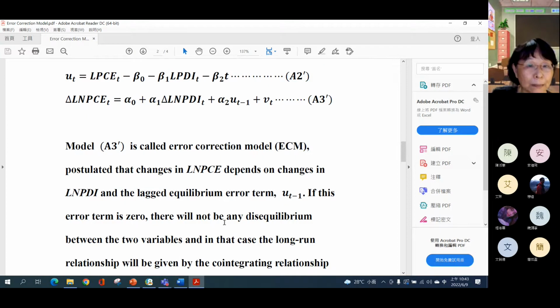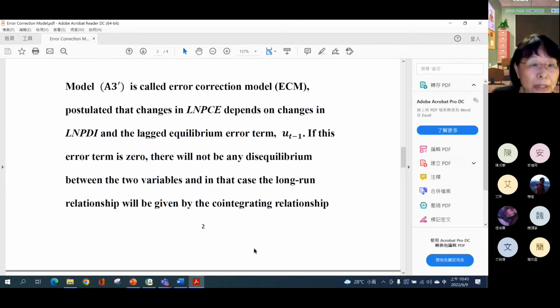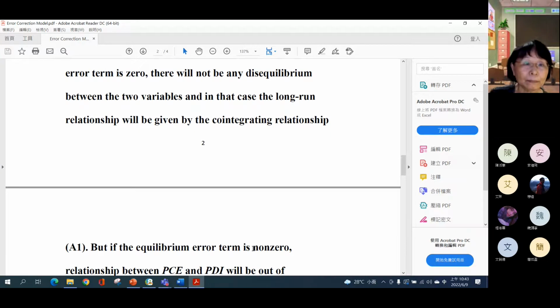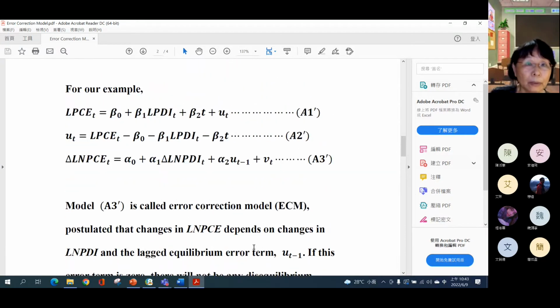There will not be any disequilibrium between the two variables. And in that case, the long run relationship will be given by the co-integrating relationship, A1. So if this one is 0, the long run relationship is beta 1.